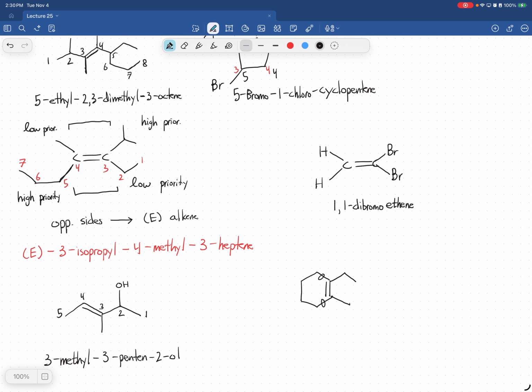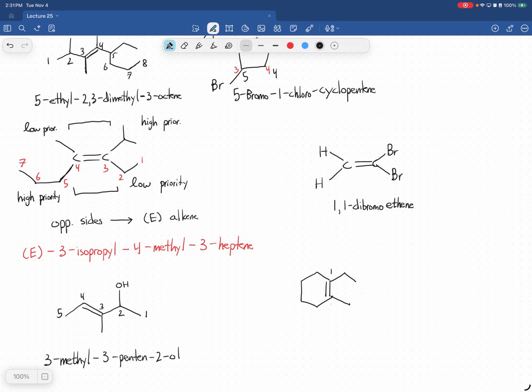Okay, but let's just name this as usual. How do I number the carbons in this one? Remember, in an alkene, the alkene carbons get the 1 and 2 positions, but then you have to decide which one should get the 1 position. It'll be a tie, so you have to use the alphabetical rule.